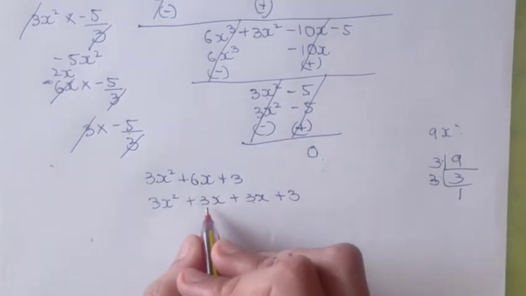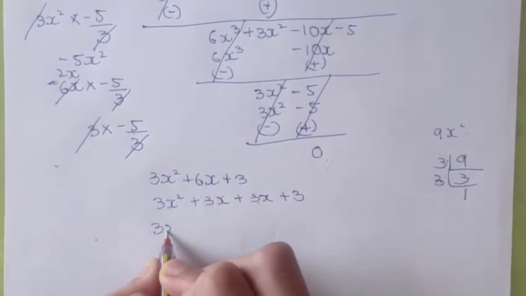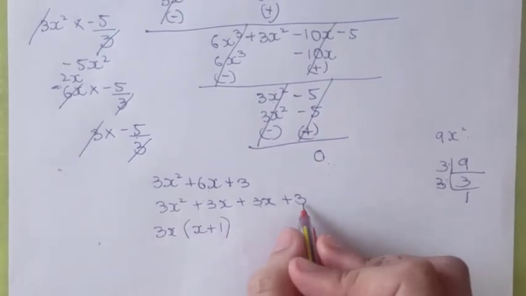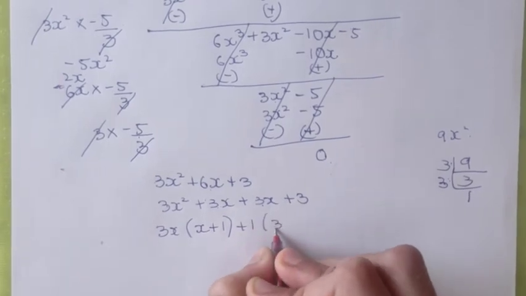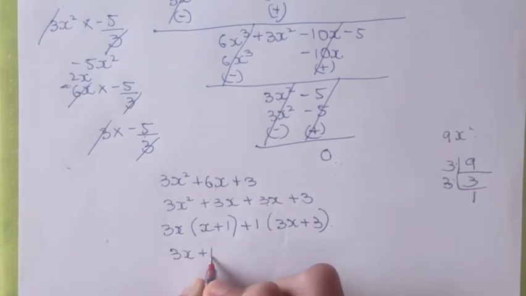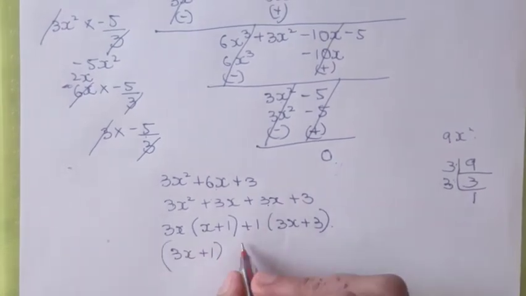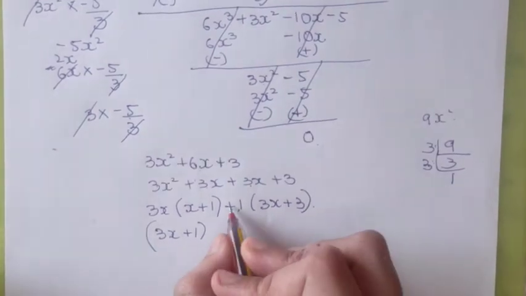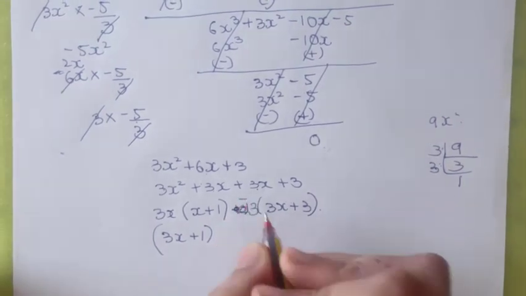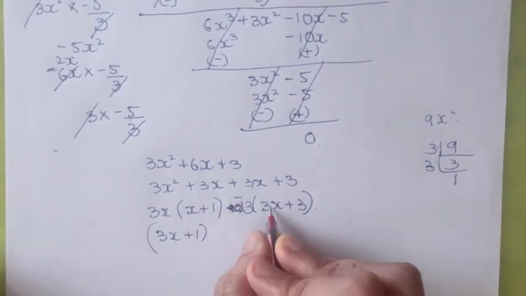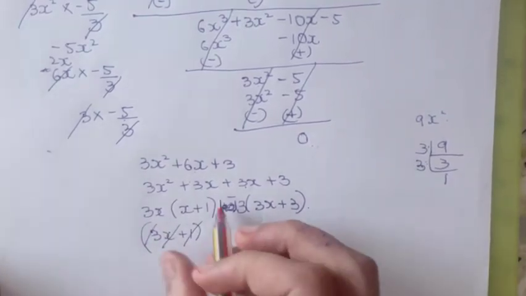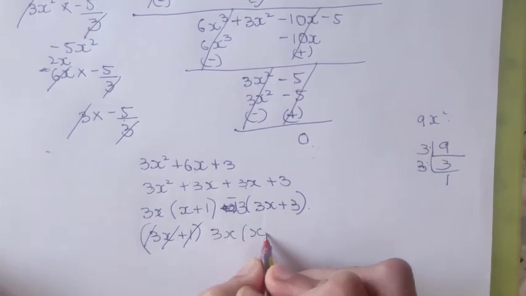Now we have to take the common factor. Here the common is 3x, so remaining is x plus 1. Here nothing else is common, so plus 1 and 3x plus 3 gives 3x plus 1 and here the common is 3, so 3 times x plus 1.